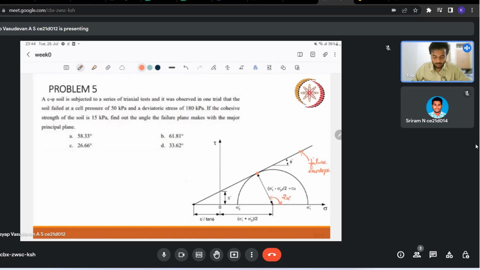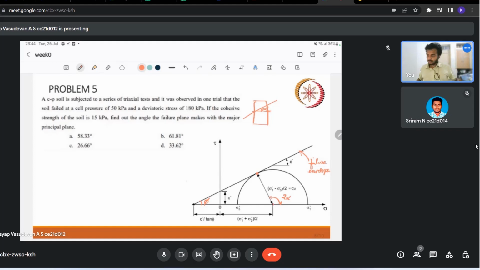So whatever we have in the physical world, that is, the specimen which fails at an angle of alpha, is represented as twice the angle in our Mohr-Coulomb space. So we know that this is phi, and this is c by tan phi, which can also be written as c cot phi, and we have the sigma 1 and sigma 3.